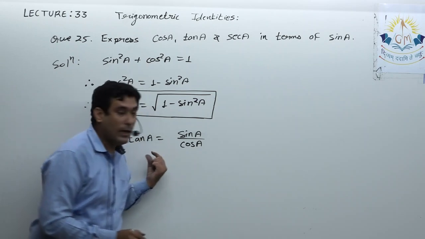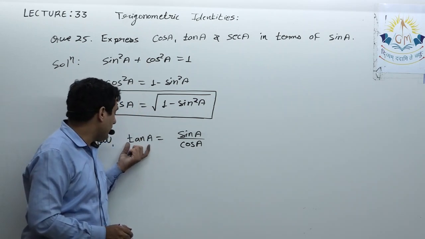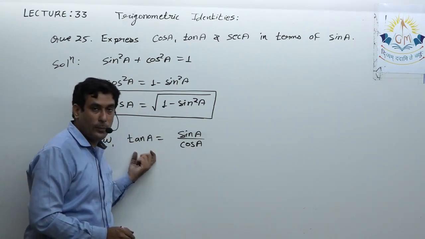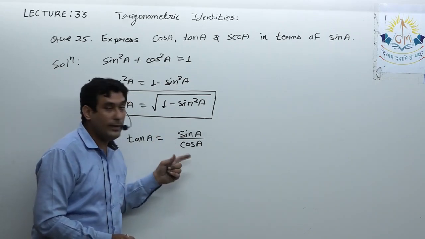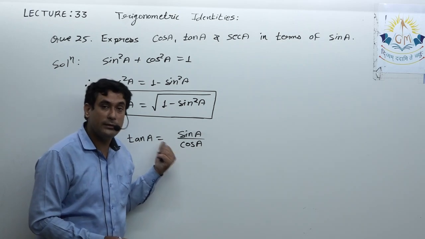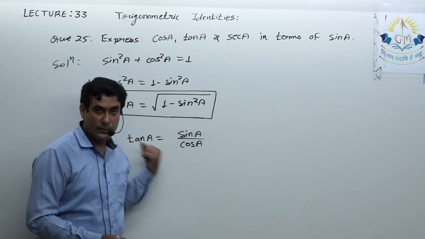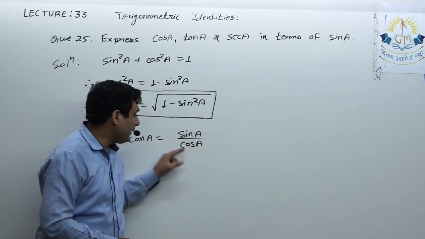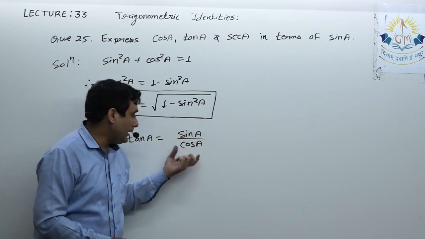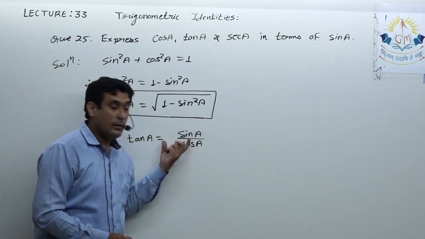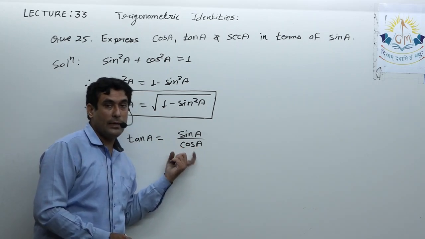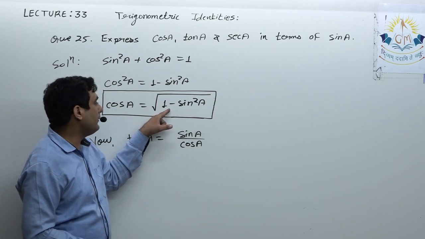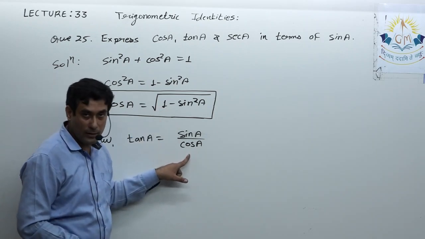So they are asking that express tan a in terms of sine a. That means there should not be any other trigonometric ratio other than sine when you express tan. But here we can see the cos a is there. It means now I have to remove this cos a, or I can say I have to replace this cos a in terms of sine a. So I can take this value of cos a directly over here.